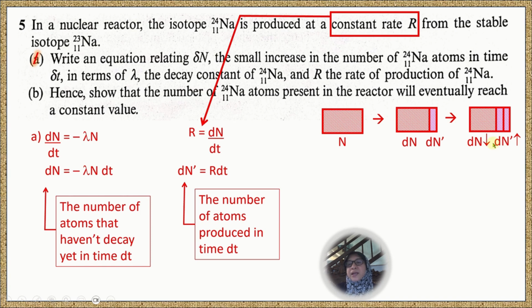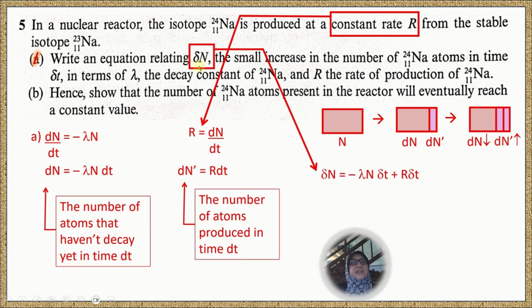So you can see the patterns. Remember that n prime represents the number of atoms produced or decayed. So n is the number of atoms that haven't decayed yet. So you can see the difference between these two, but the total number of atoms remains the same.